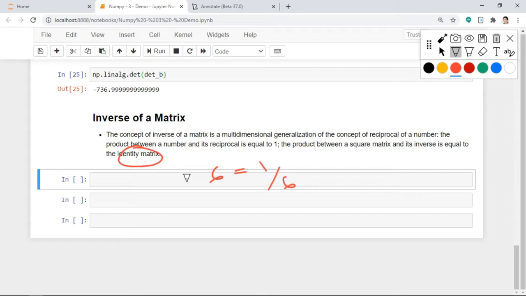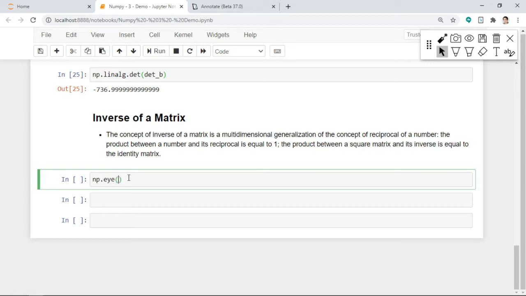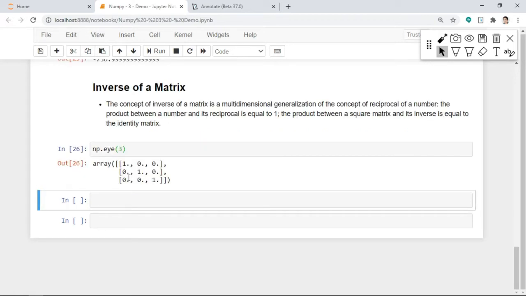Remember the I function that we executed previously. Again, let me remind you of the identity matrix. For example, np.I, and now you have a 3 by 3 identity matrix.